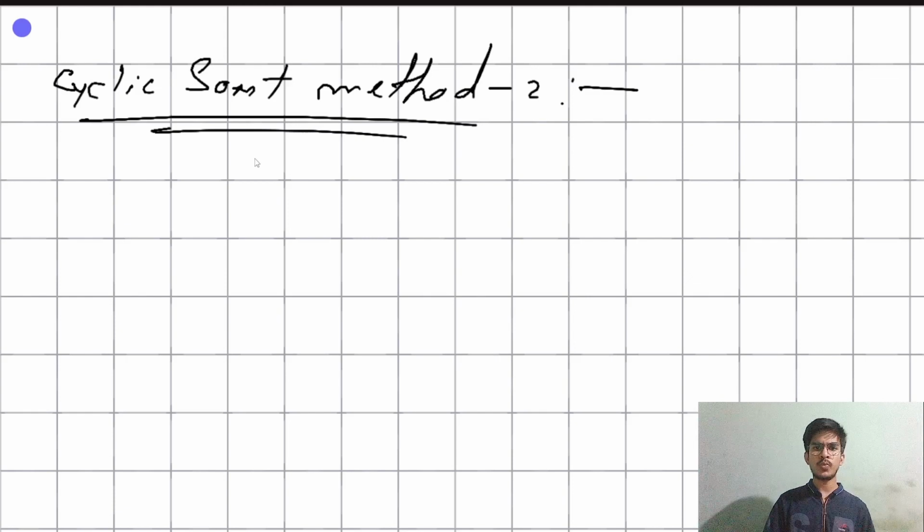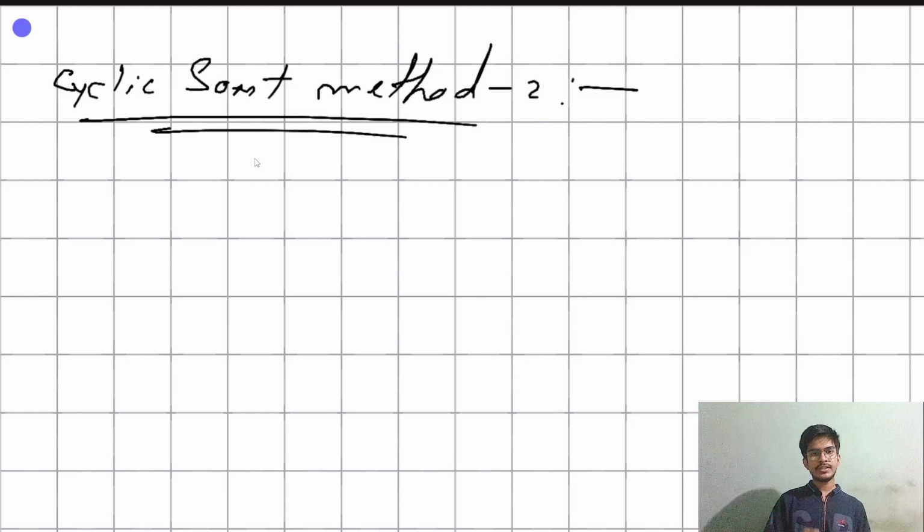How cyclic sort works is quite simple, you can say, but for some people it can also be tedious. So let's first explain how it works, then I will do the code. Before that I will also explain the time complexity of it. So let's jump into it.